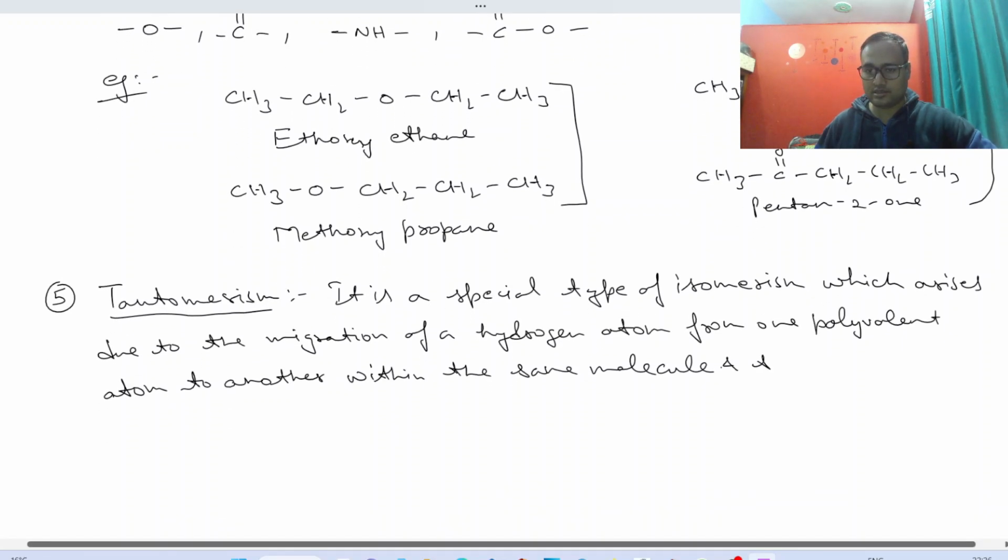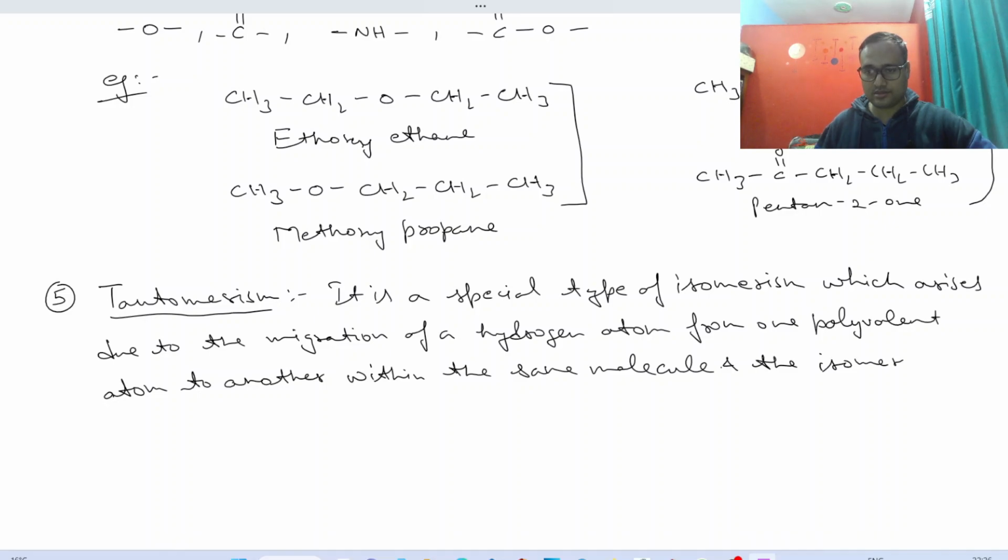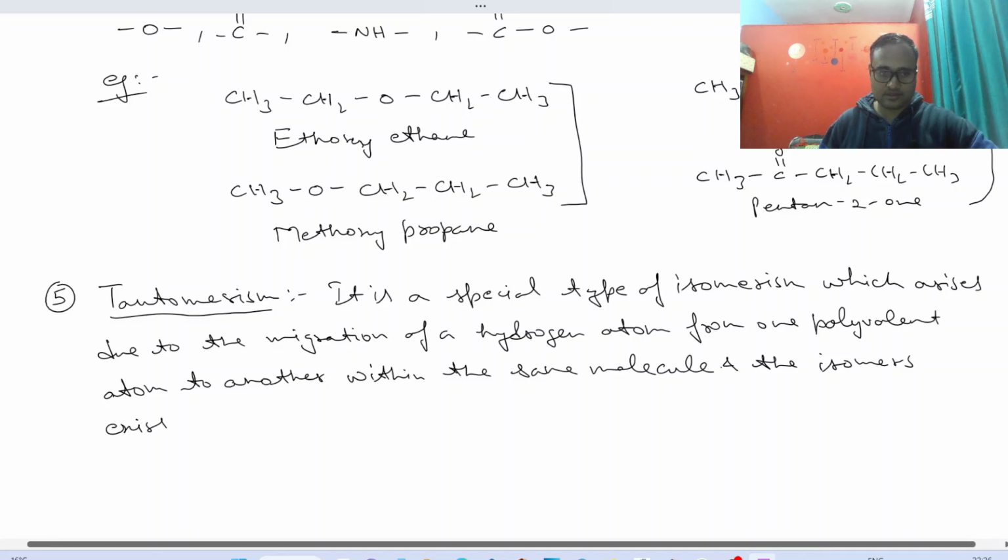And the isomers exist in dynamic equilibrium with each other.